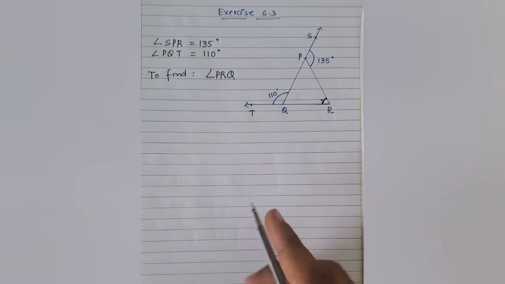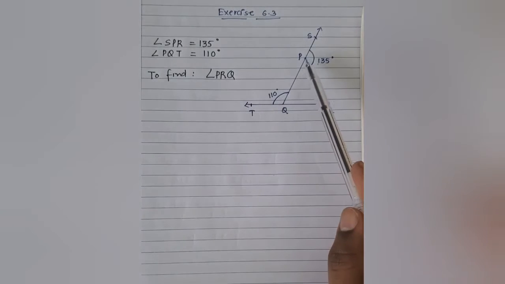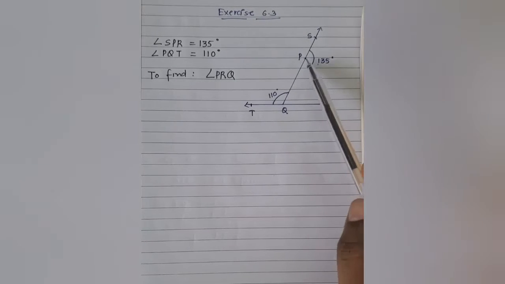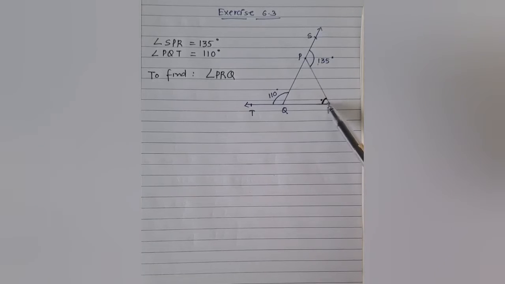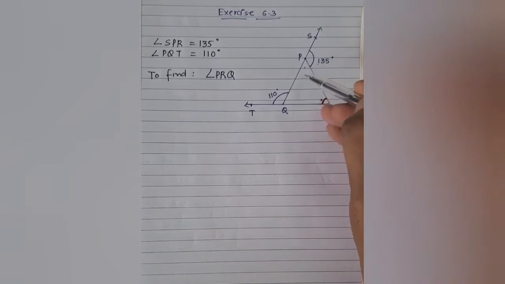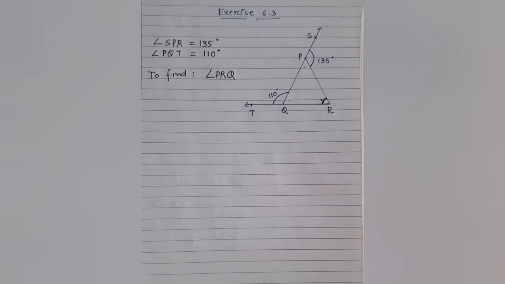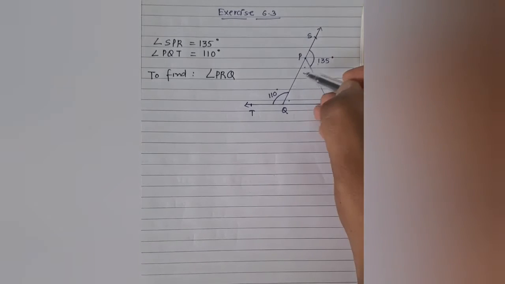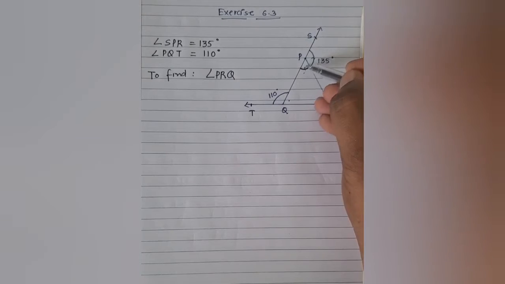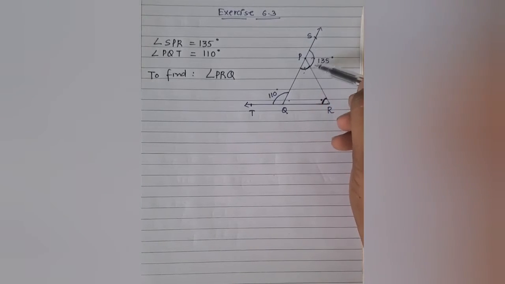If you observe the figure, you will realize that PQR forms a triangle. I can find the measure of these two angles. How? These two angles form a linear pair of angles, and hence their sum should be equal to 180 degree.